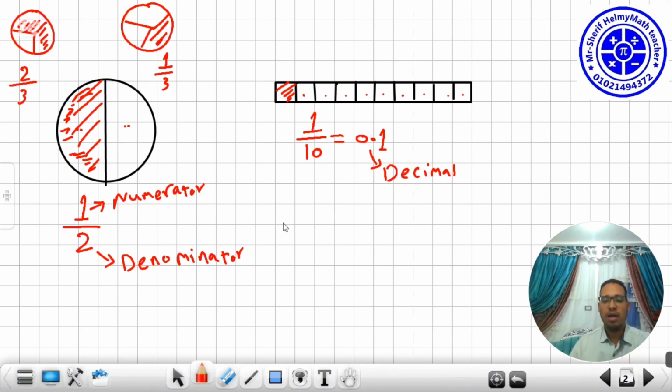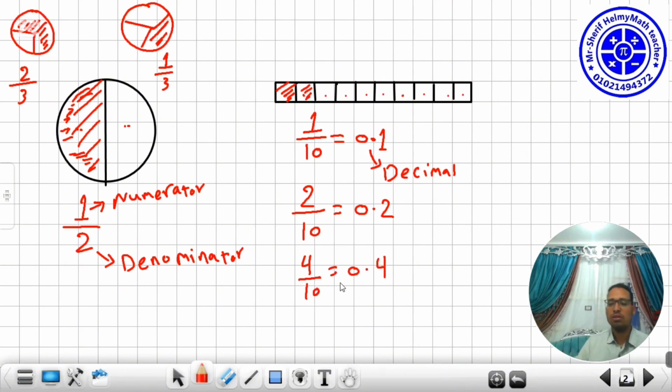Okay, if you colored 2 parts, it will be 2/10, that means 0.2. This is the fraction form and this is the decimal form. Okay, if we have 4/10, it will be 0.4, and so on.